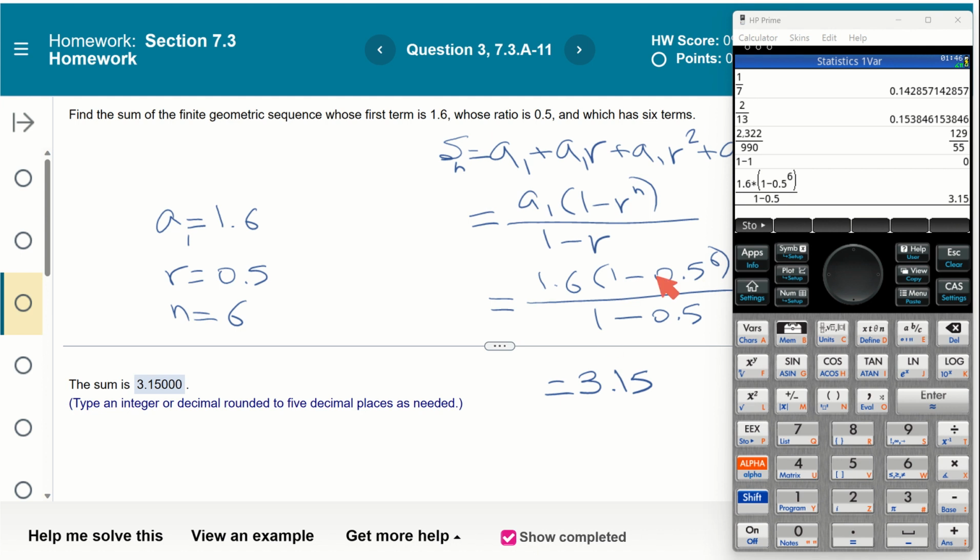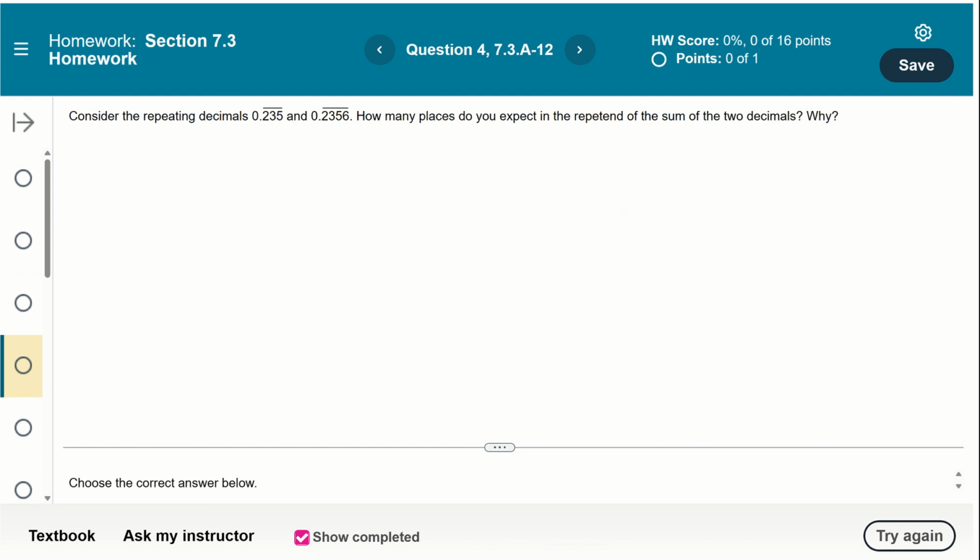Okay, let's go ahead and look at another example. All right, here's a clever one. We have 0.235 with a bar on top, so the repeatant is 235: 0.235, 235, 235, etc. And then we have 0.2356, 2, 3, 5, 6.